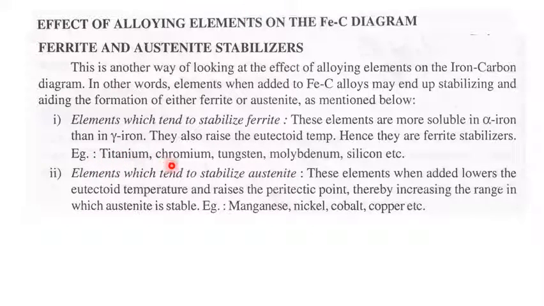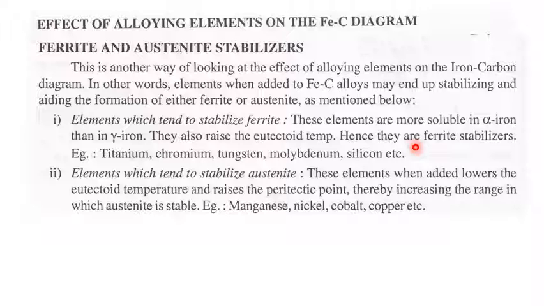So titanium, chromium, tungsten, molybdenum, silicon, etc., if we add these alloying elements to the steel, we can easily stabilize the ferrite, which is more stable in nature than gamma iron.